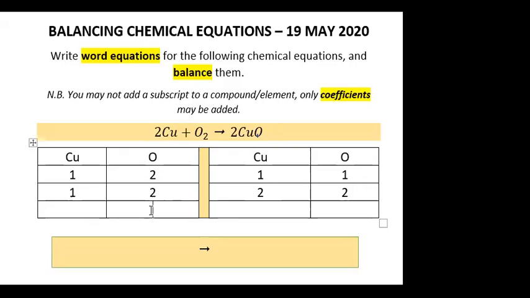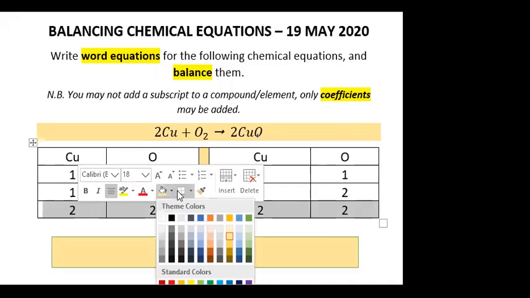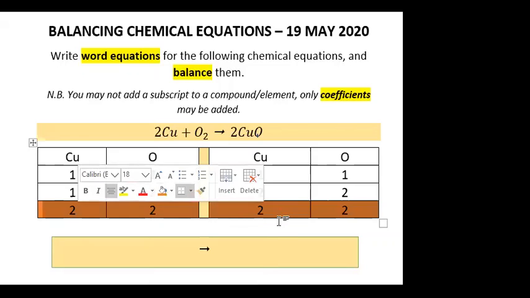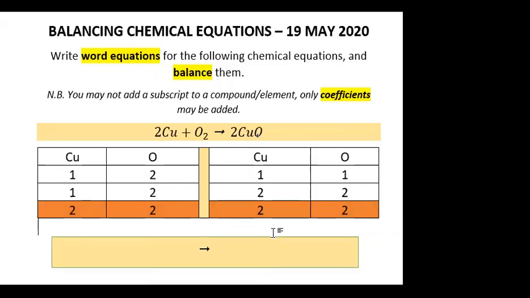before the copper in the reactant section, and then we change everything at the bottom, right? So copper changes, we still have the same oxygen, still have the same copper in the products, and still have the same oxygen. Now we are fully balanced. Can you guys see that? So until you come to the same amount of products and reactants, you are not balanced.